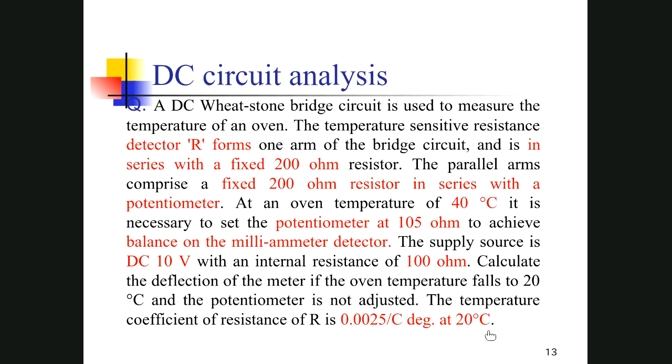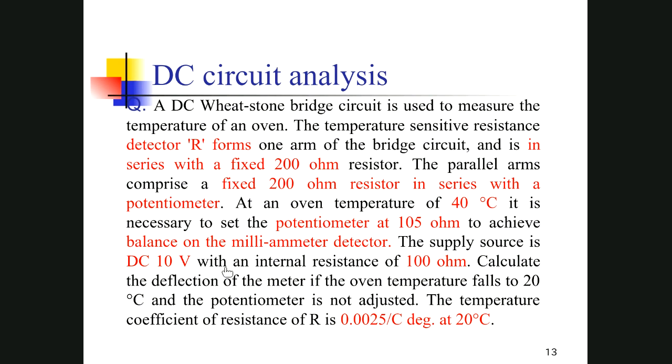So in this question we have a so-called Wheatstone bridge circuit. This circuit has two arms in parallel. These two arms are supplied from a 10 volt DC source with an internal resistance of 100 ohms. Okay, so one of the arms is a fixed 200 ohms in series with a temperature sensitive resistor R. The other one is a fixed 200 ohm resistance in series with an adjustable resistor.